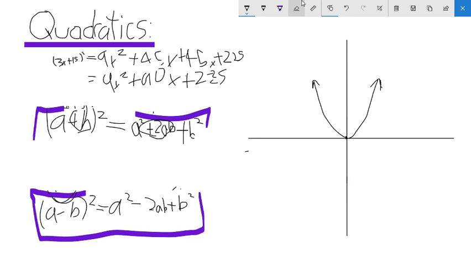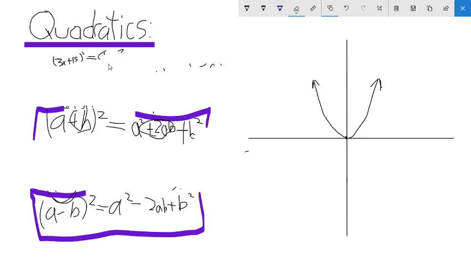Okay, let's go ahead and get some practice. So, let's say we're given the... Okay, you know what? Let's do it backwards. This is factoring. This is what we call factoring.